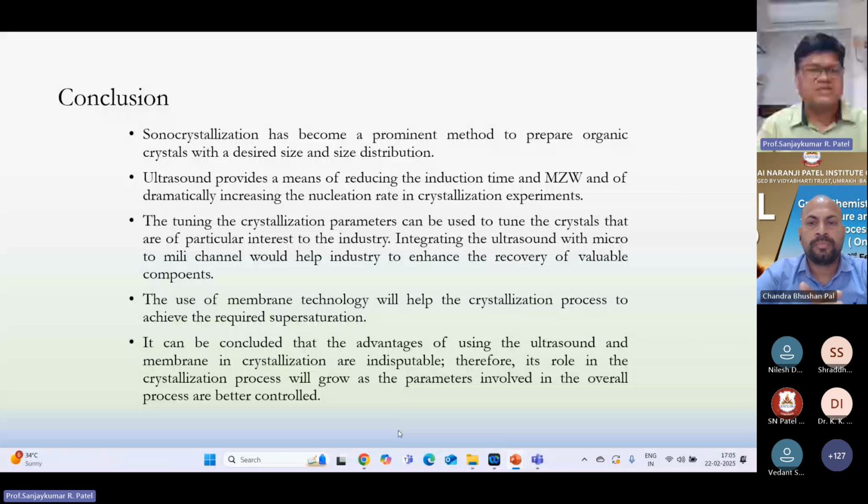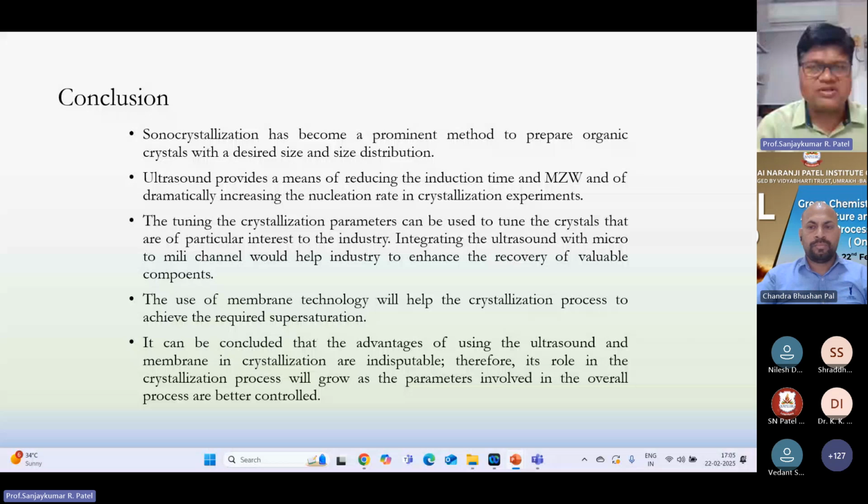So this is the flexibility that the crystallization process is giving to you because it has control over the parameters, and by controlling the parameters, it will have better control on induction time and metastable zone width, and thereby the supersaturation level. And overall, we are able to control the final product's properties. So with this, I'll end my presentation over here.